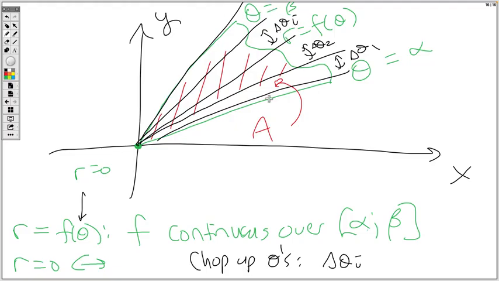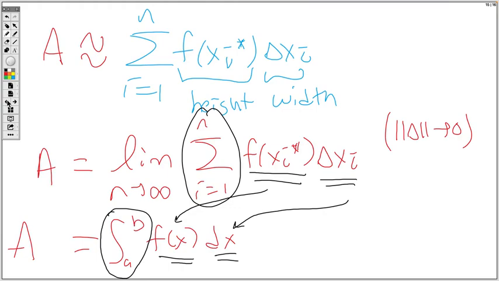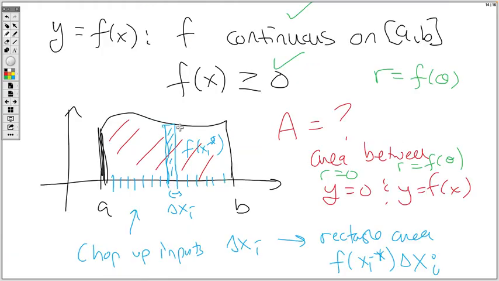Okay. And now we're going to sample the function r equals f of theta i somewhere in between and use that to make a constant. So over here, what did we do? Right? We looked at y equals f of x to be approximately f of x star.